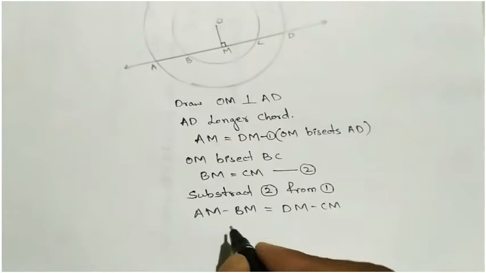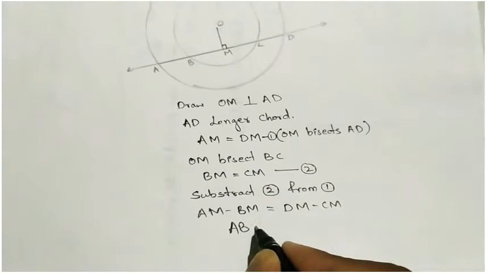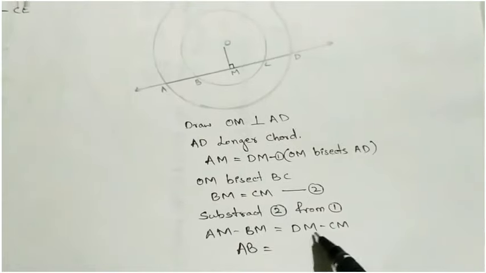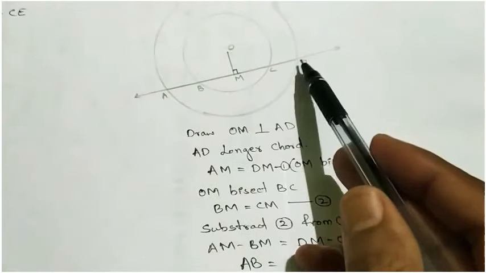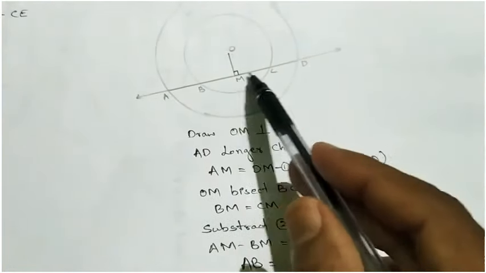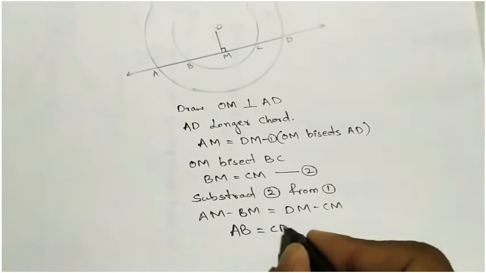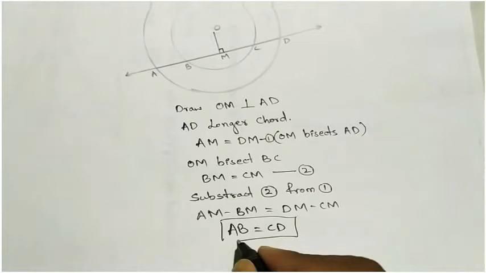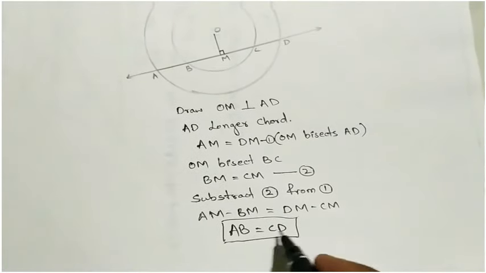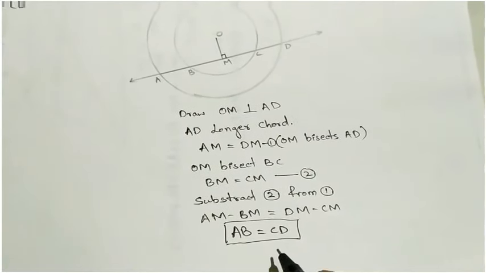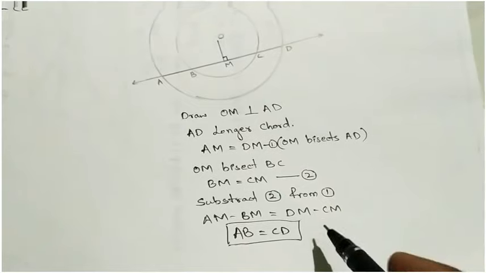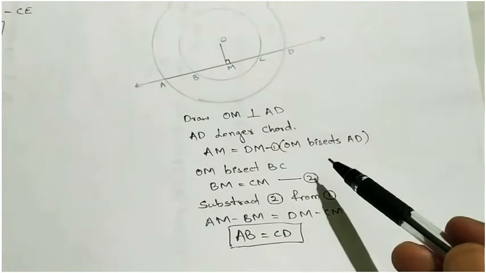AB is left. Next, DM minus CM: from DM if I remove CM, what is left? CD is left. So this is our required answer, that is AB equal to CD. It is very easy, just write the proper steps.